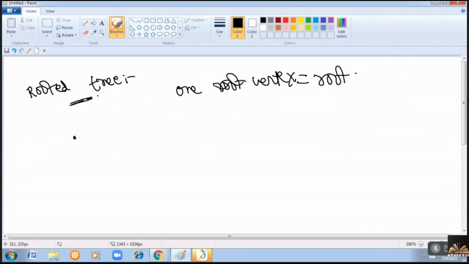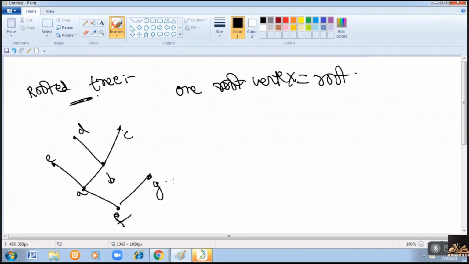Suppose you have a tree like this, then I can convert this into a rooted tree. Assume that A is the root. Clear?